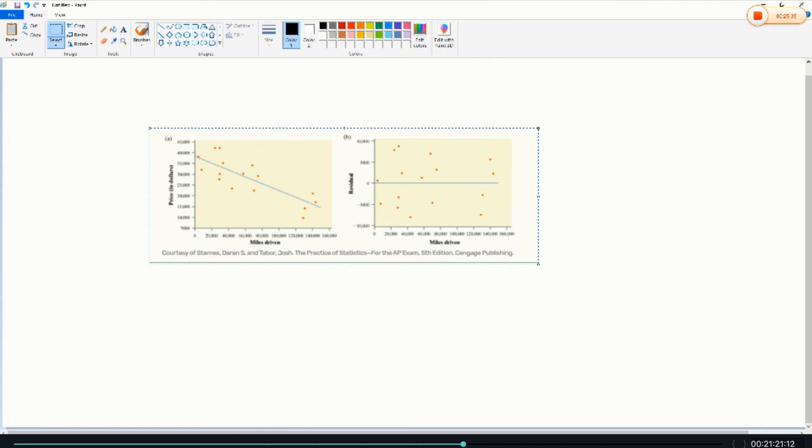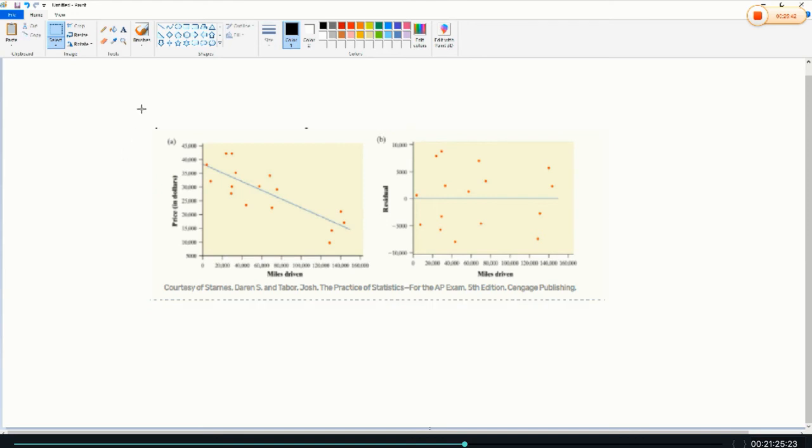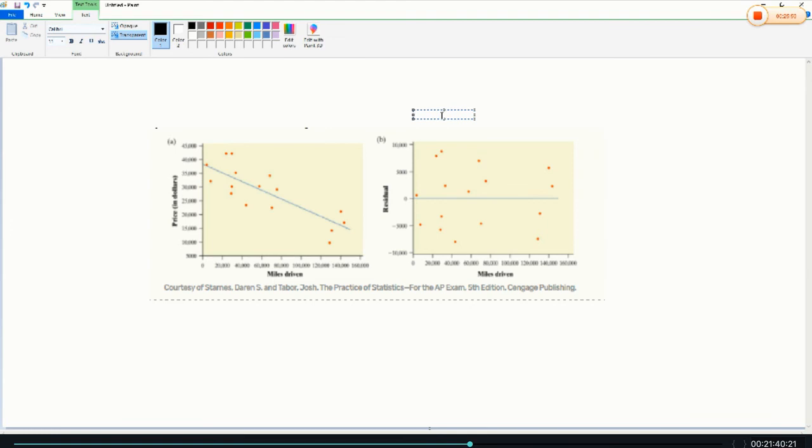So as you can see here, we have 2 plots. The left plot represents a scatter plot of a given distribution, and the right graph represents the residual plot of the left plot.